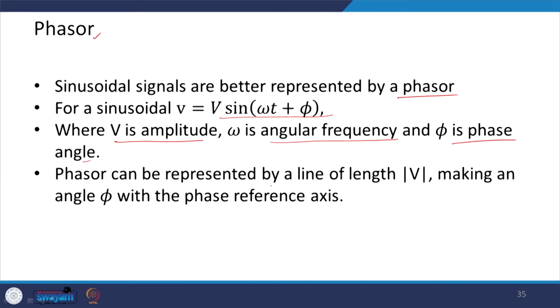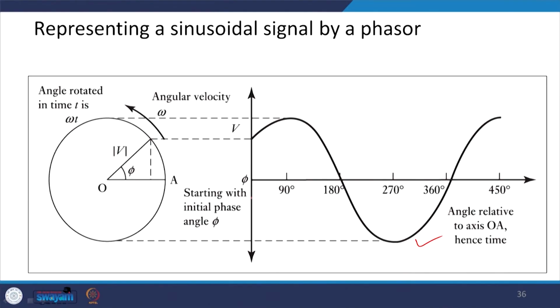So, a phasor can be represented by a line of length equal to the magnitude of V, making an angle phi with the phase reference axis. Here you can see that you have a sinusoidal signal, starting with initial phase angle phi, and the angle related to axis OA, hence time this one.